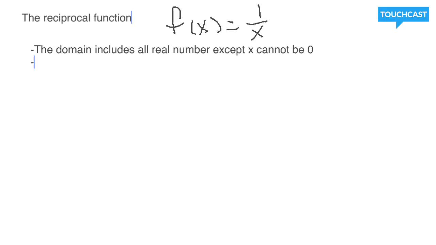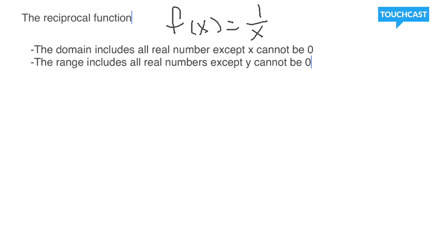The range is also very similar. It includes all real numbers except y cannot be 0. If we're talking about odd versus even functions, the function is odd. This graph has no intercepts.